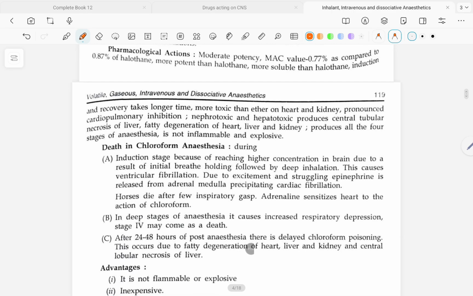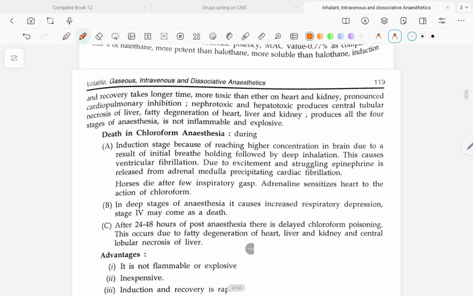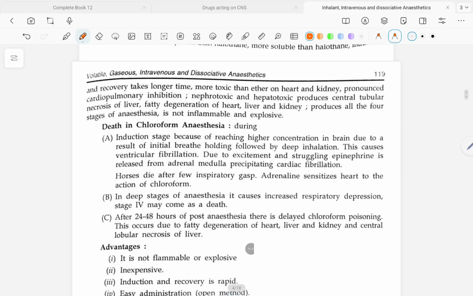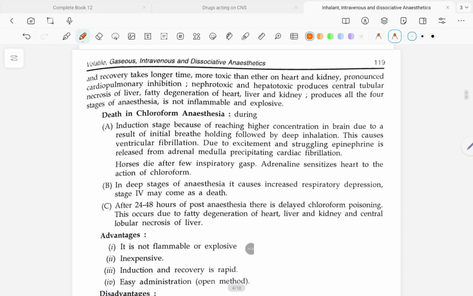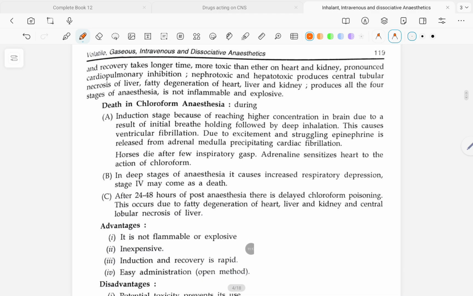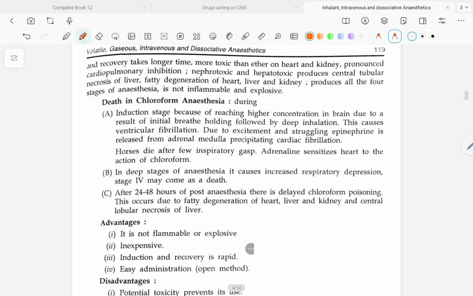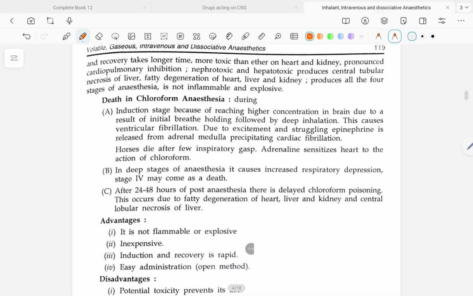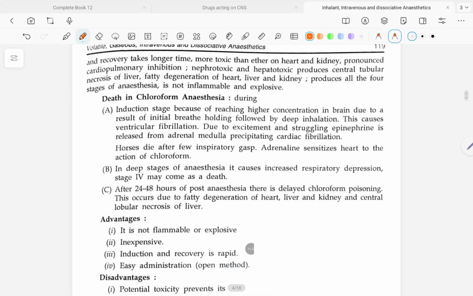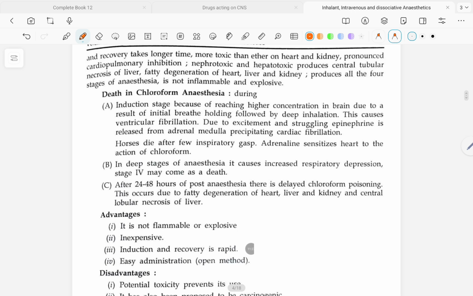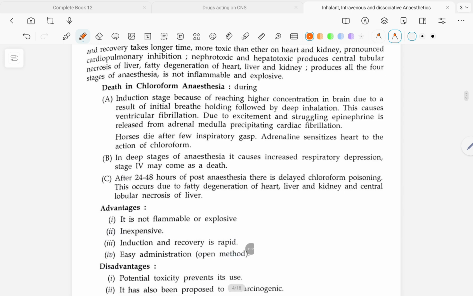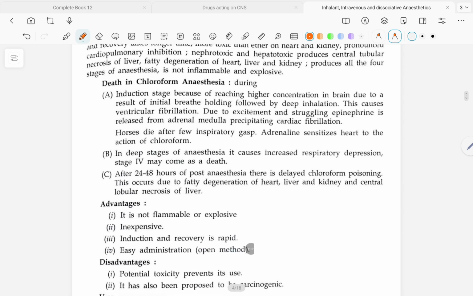Induction and recovery take longer time. More toxic than ether on heart and kidney. Pronounced cardiopulmonary inhibition. Nephrotoxic and hepatotoxic, produces central lobular necrosis of liver, fatty degeneration of heart, liver and kidney. Produces all the four stages of anesthesia, is not inflammable and explosive.